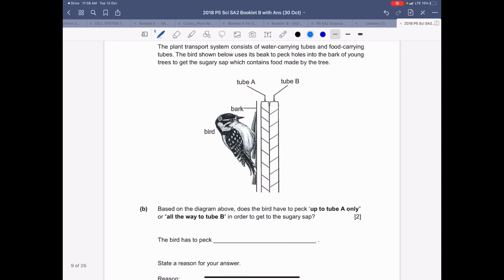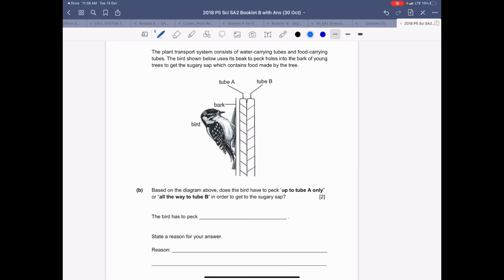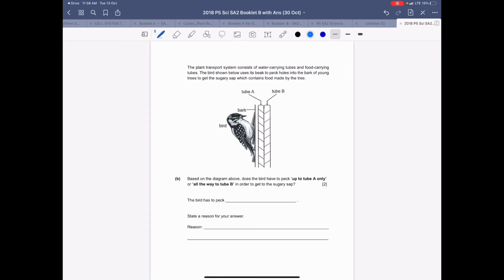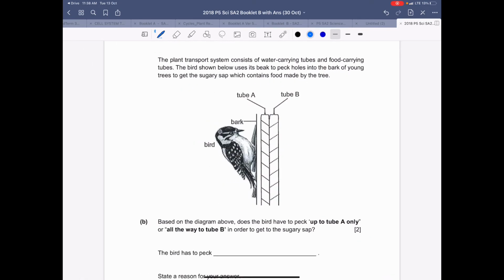Now, it's okay. It's pretty straightforward. They tell you that the plant transport system consists of the water carrying tubes and food carrying tubes. The bird shown below uses its beak to peck holes into the bark of a young tree to get the sugary sap, which contains food.